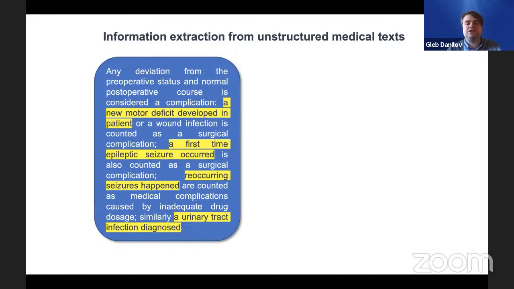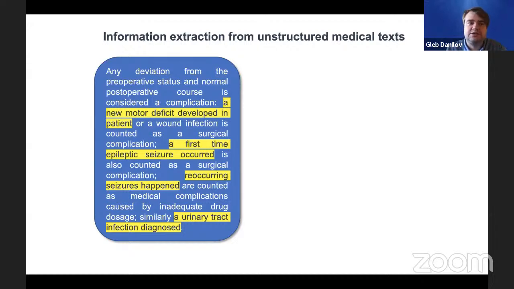One of the key directions in artificial intelligence is automatic medical text processing. I would state that this question is underestimated. So the studies which utilize medical information from unstructured text, unstructured electronic health records, are still rare in neurosurgery.